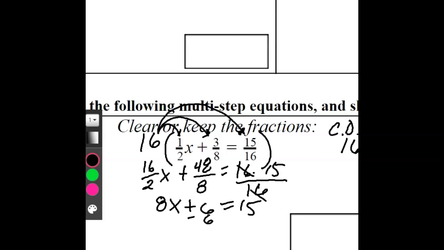And then I can subtract 6. Okay. And then we get 8x equals 9 divided by 8. X equals, we can just leave it as a fraction, 9/8.